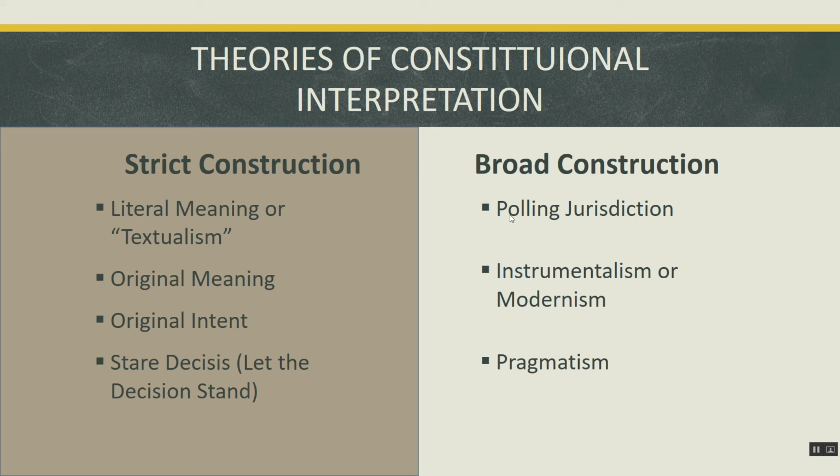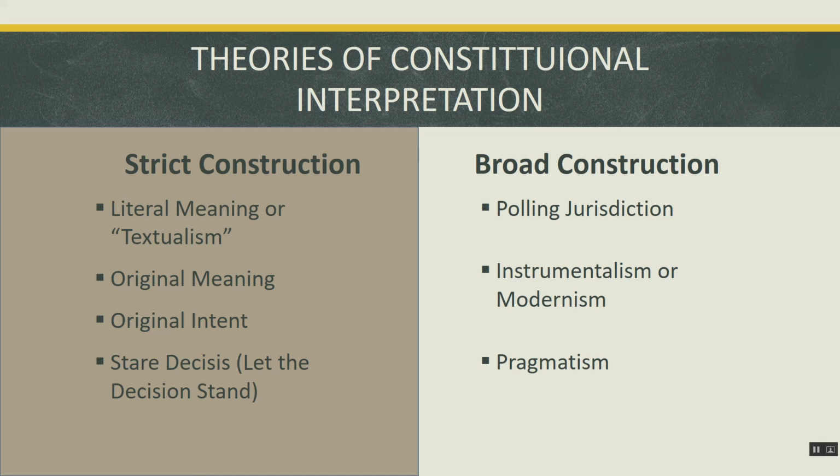So the idea of polling jurisdiction is to interpret the Constitution in ways that allow you to uphold policies that seem to work, and in ways that allow you to strike policies that seem to fail. Next up, we've got instrumentalism or modernism, which says that you need to reinterpret the Constitution in light of changing realities, technologies, and public dispositions.